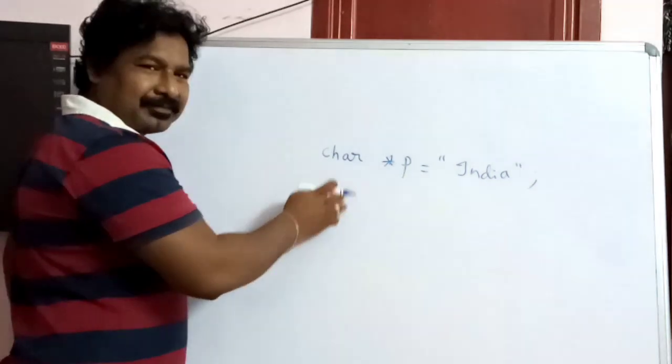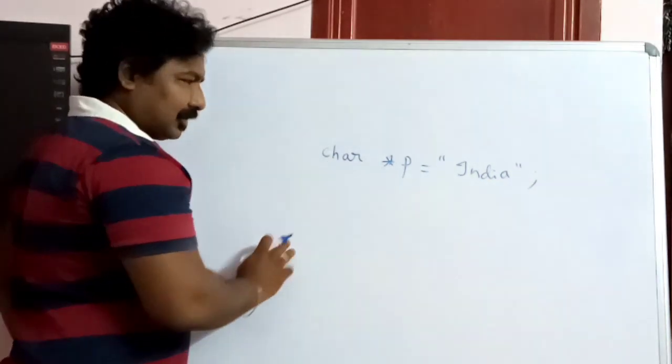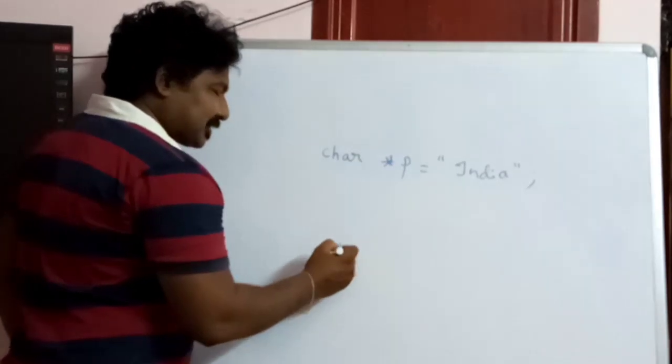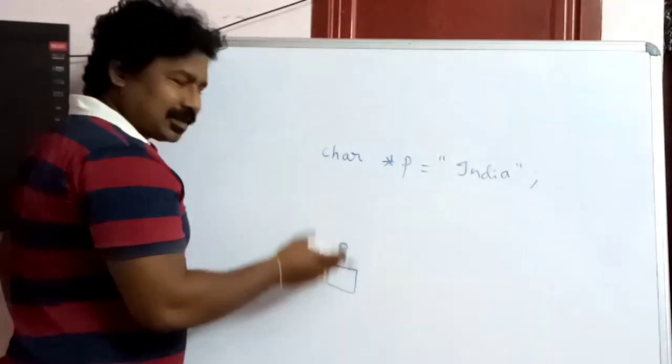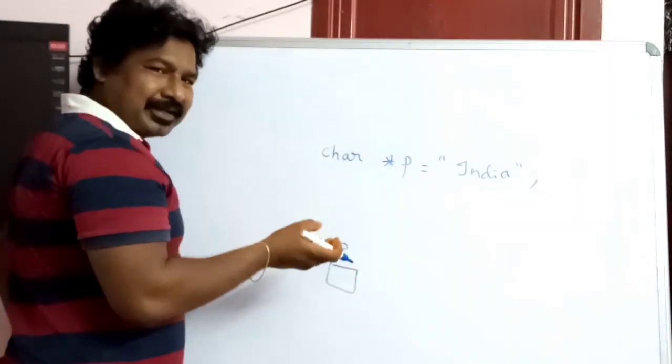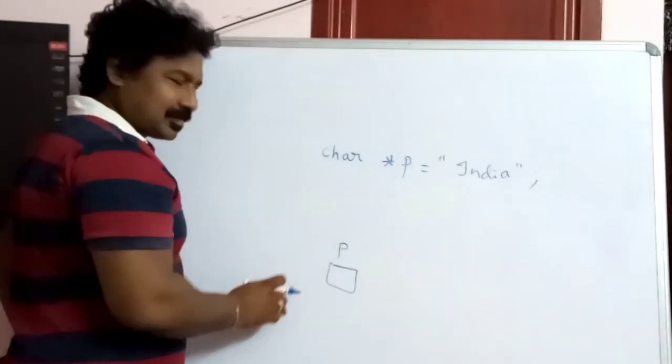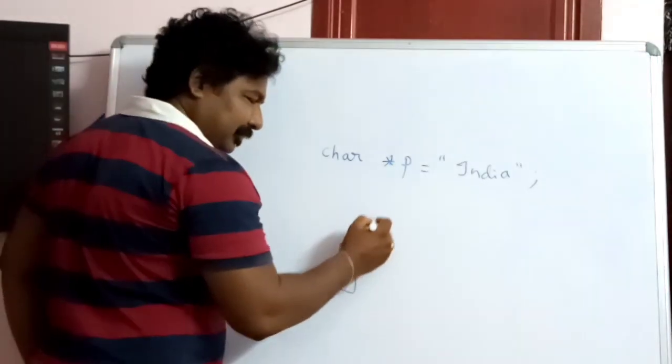So what happens if I write this statement in a C program? It creates a pointer p with 2 bytes of space, because the size of every pointer is only 2 bytes, because it stores an address. Then it creates an array.